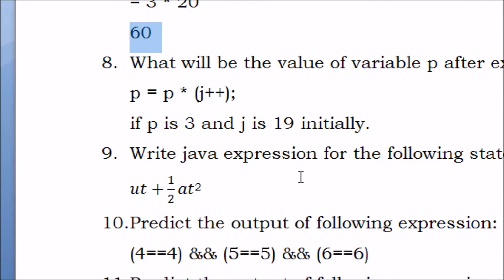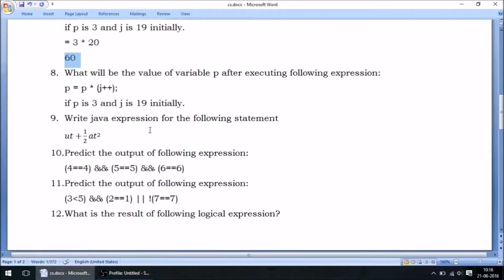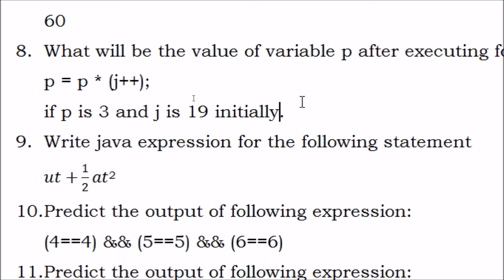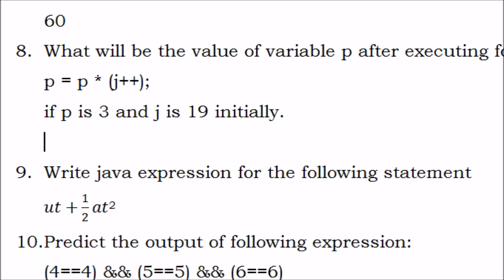Okay, moving on to the next question, same type of question. You have to find out the value of p, so let us solve this and place the values. The given values are 3 and 19 for p and j respectively. So p is 3, so I place 3 here, multiplied by, now inside the brackets it is written as j plus plus.